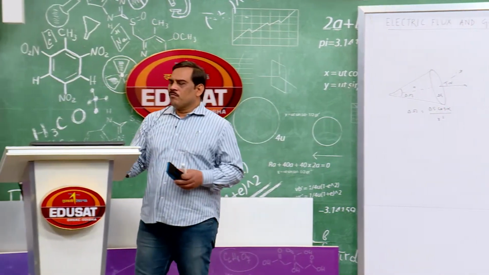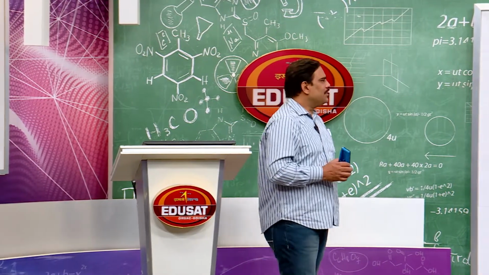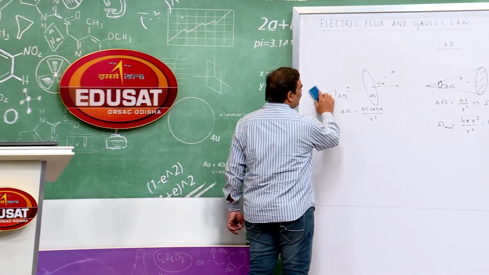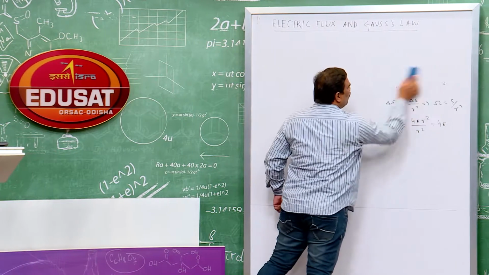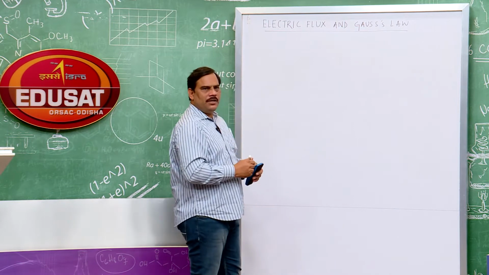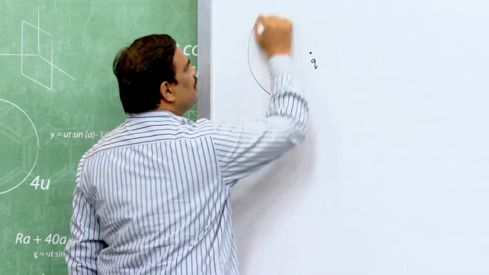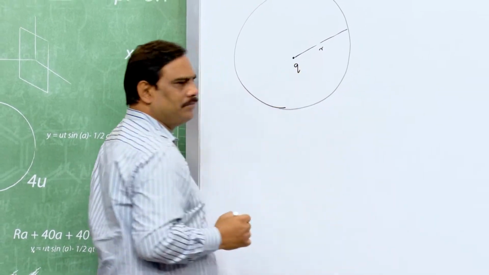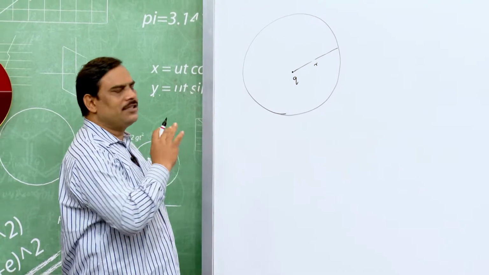So, let us calculate fluxes linked with surfaces in some situations. Suppose we consider a charge q placed at the center of a sphere of radius r. Let us calculate what is the amount of flux linked with this sphere.